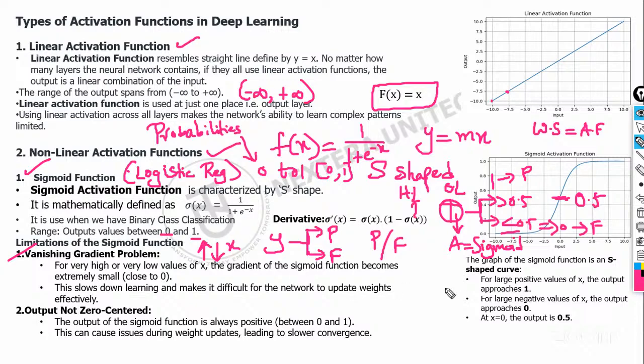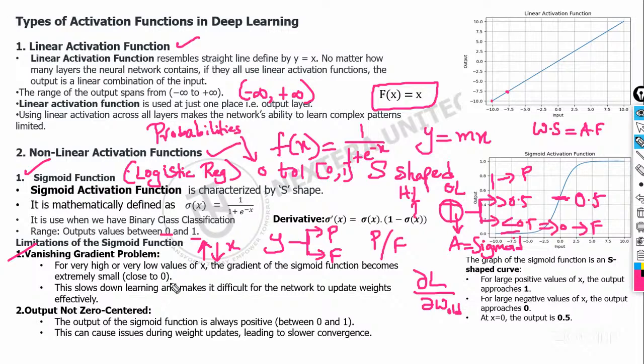The gradient of the sigmoid function becomes very small. This is called the gradient. Within backpropagation, wherever the weights get updated and the bias gets updated, this particular part is called the gradient. Whenever you calculate the gradient of the sigmoid function, it will be close to 0.